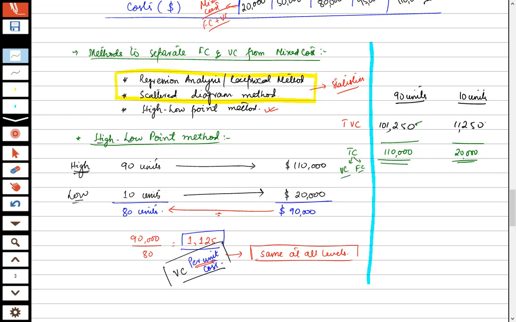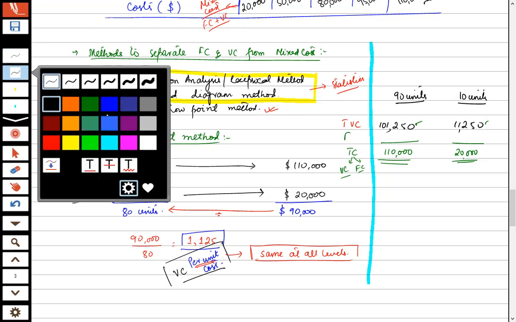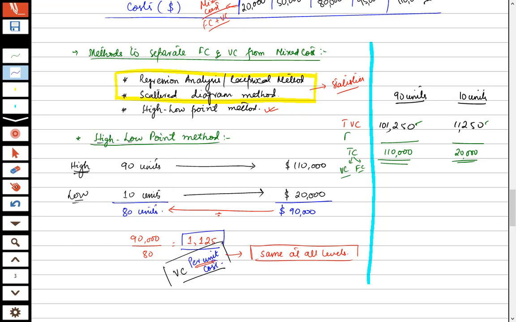We have calculated total variable cost, and the remaining will be fixed cost. So this minus this, what is it? 8750. And 20,000 minus 11,250 must be 8750.